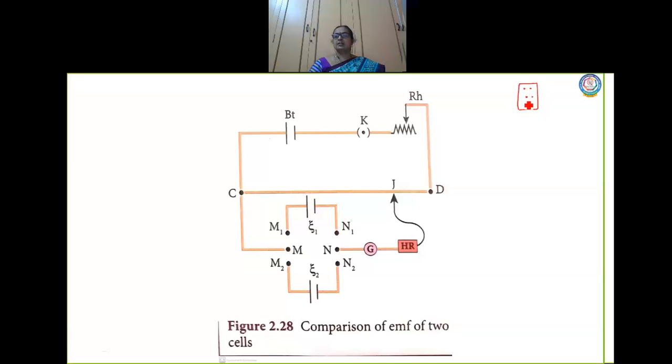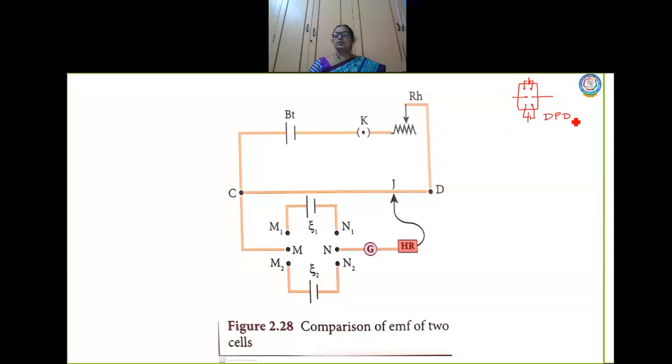These three are considered positive, the other three negative. These two are connected to one cell, and here the two terminals are connected to the other cell, and there are two more points which are connected to the potentiometer circuit. So this switch is called a DP-DT switch. What is this switch called, children?